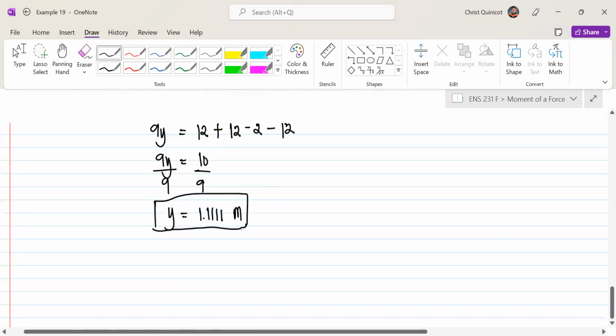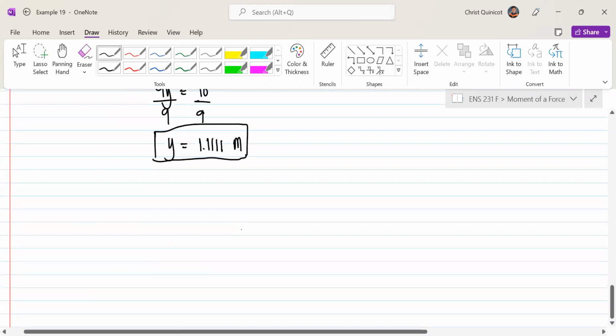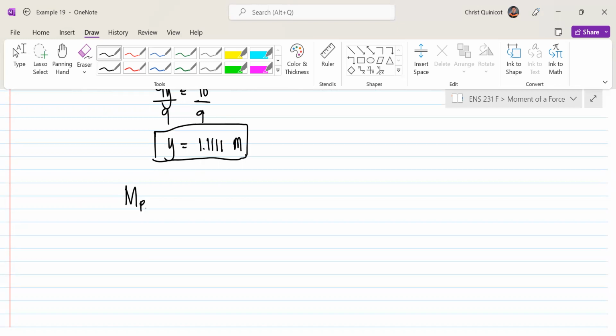Okay, so next we do the resultant moment about point A, equal to the sum of all moments that act at point A, assuming counterclockwise positive.